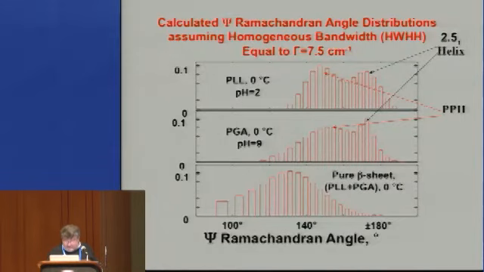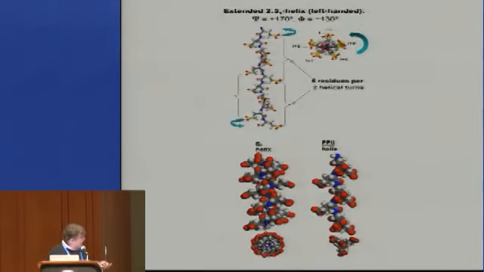And so this is another extended conformation which looks like this and has a psi angle of 170 degrees. So what we discover is that these charged side chains are in a conformational equilibrium between PP2 and 2.51 helix.